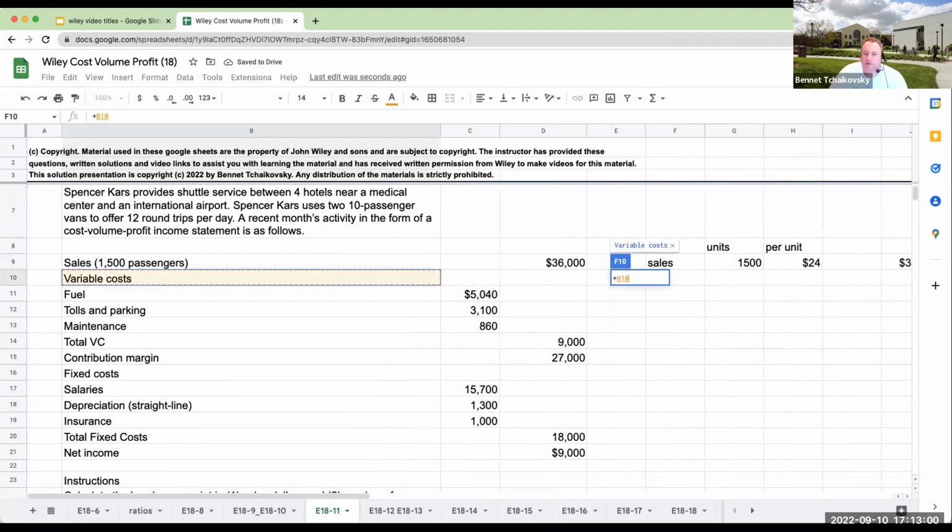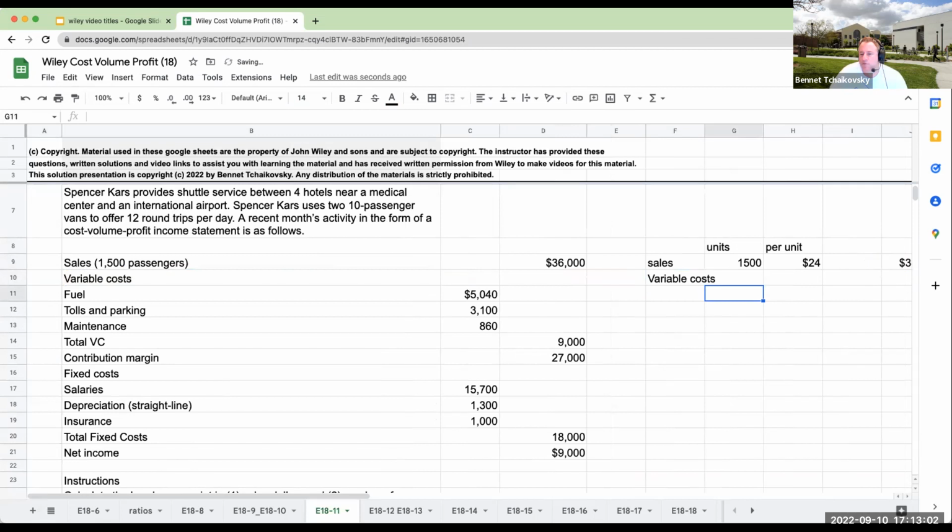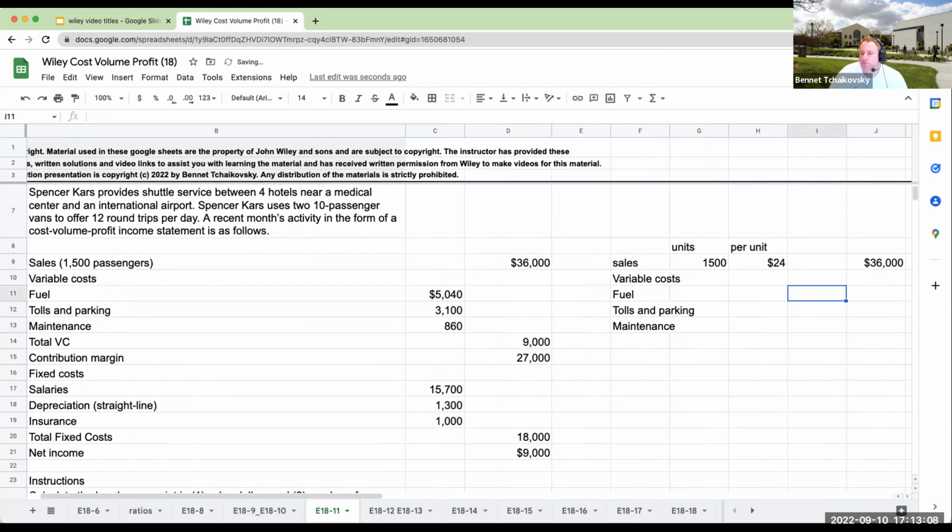My variable costs over here, right? So over here, we've got fuel, tolls and parking, and maintenance. So if these costs over here were 5,040, 3,100, and 860, what I then need to do is to say, well, if I sold 1,500 units, then I'm going to have 1,500 of each of these.